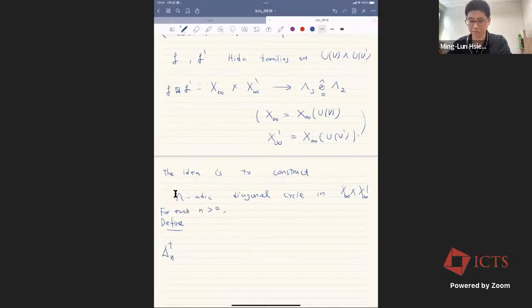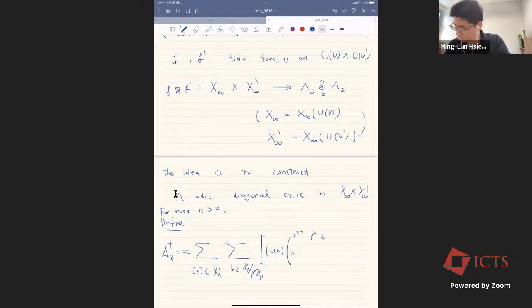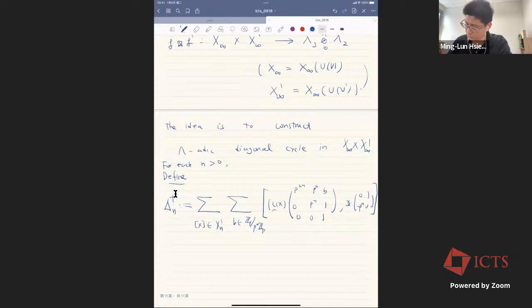We define Lambda_n^+ by this set, where iota here is the natural inclusion from U(V).